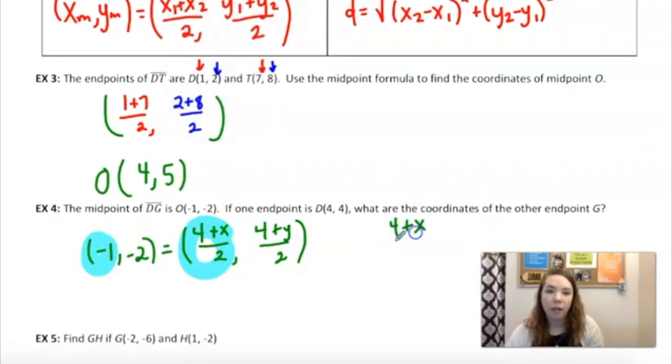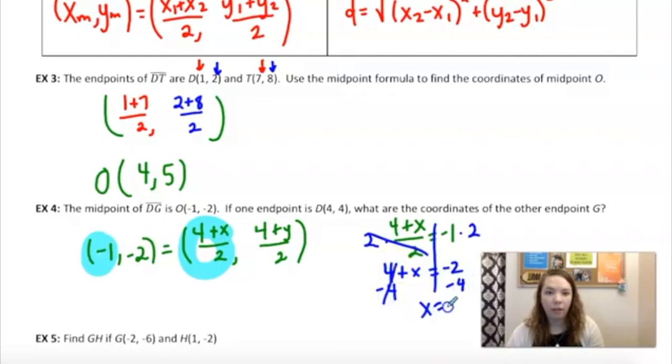So 4 plus x over 2 equals negative 1. I'd have to multiply by 2 on both sides first. So you have 4 plus x equals negative 2, and subtract 4. So x equals negative 6. And then we'll do the same for y.